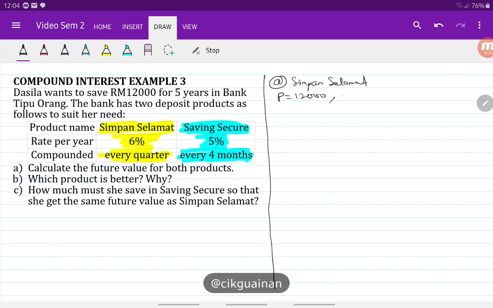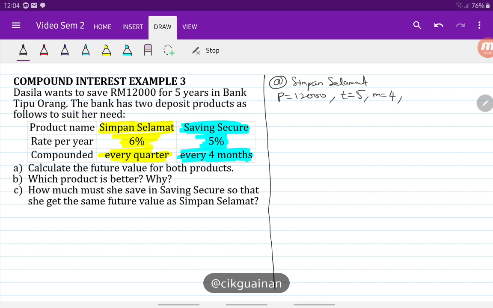The S is what we want. What is the TMJ? The T is 5 years. M is every quarter, and in 1 year there are 4 quarters, so the M is 4.